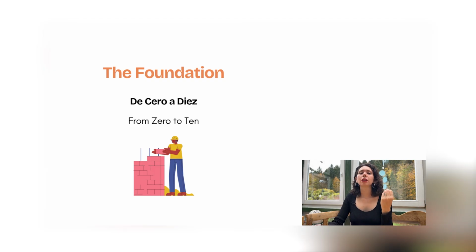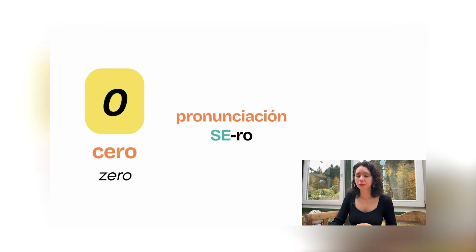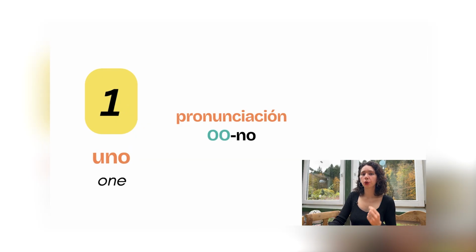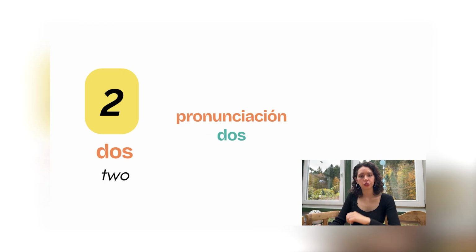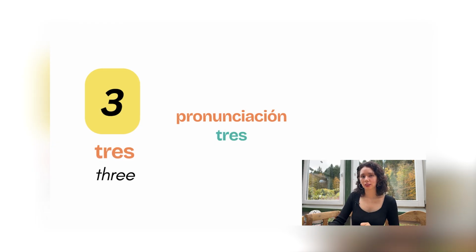Here are the building blocks from 0 to 10. Cero. The pronunciation is cero. The stressed syllable is in ce. Uno. Dos. Tres.